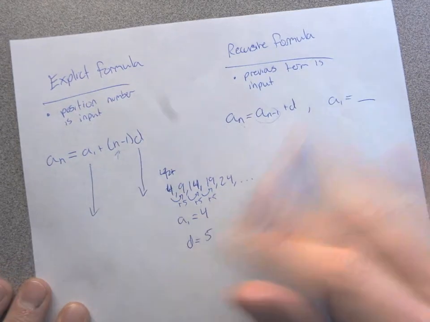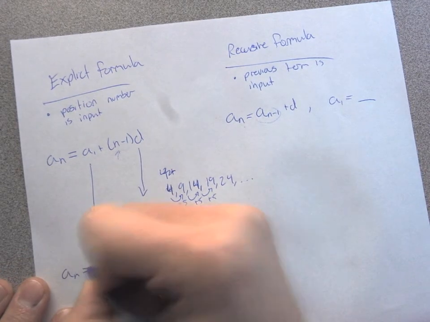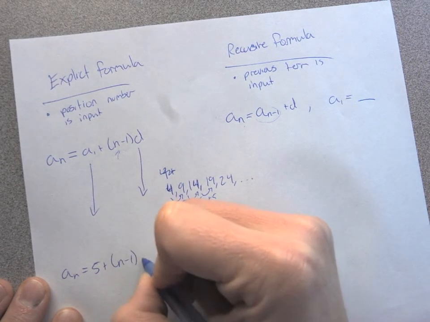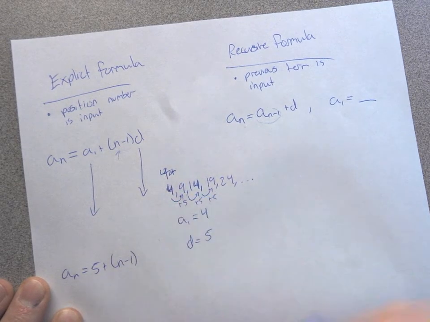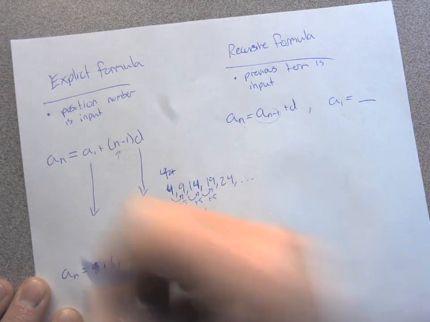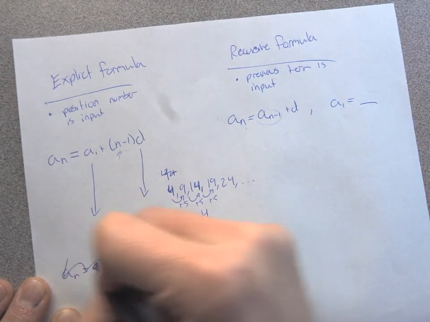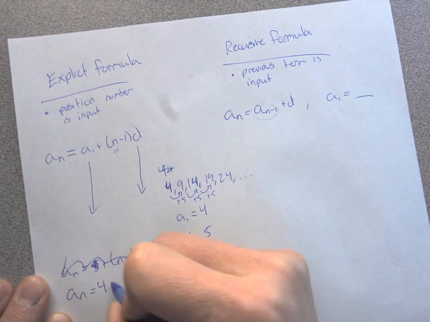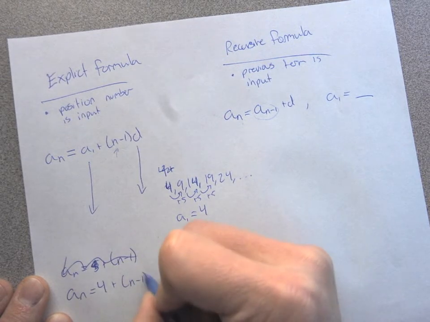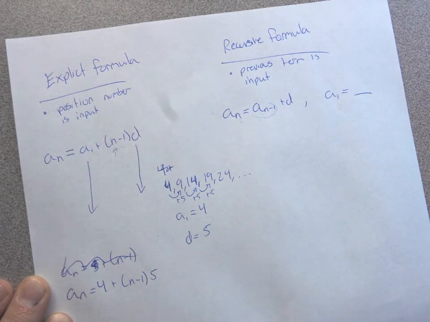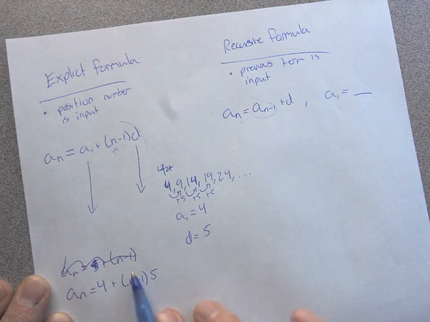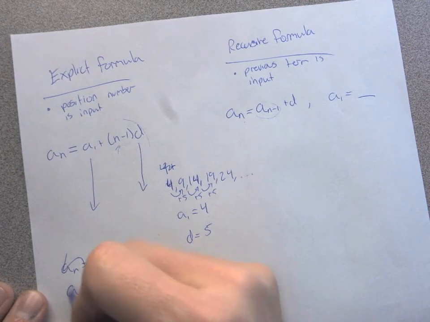To write our explicit formula, we have a_n equals, sorry, a1 is 4, not 5. Start over. a_n equals the first term, which is 4, plus n minus 1 times 5. And 5 is the common difference. All we have to do is use this template and replace that guy, and we got it. This is our explicit formula right here.